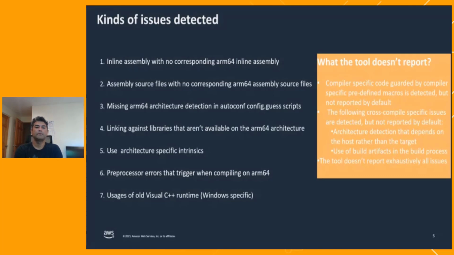And also keep in mind that the tool is not meant to find every single problem in your source code. That would be just too difficult. For example, it will also find issues against linking against libraries that are unavailable for ARM64.